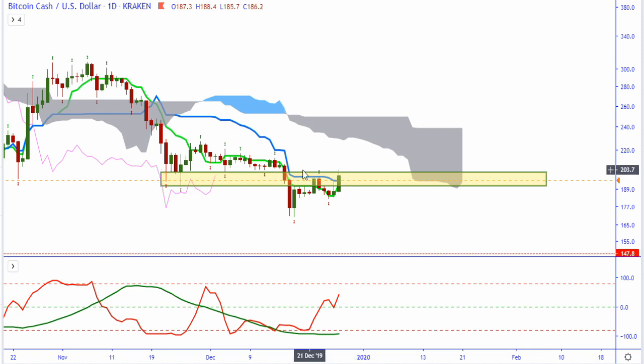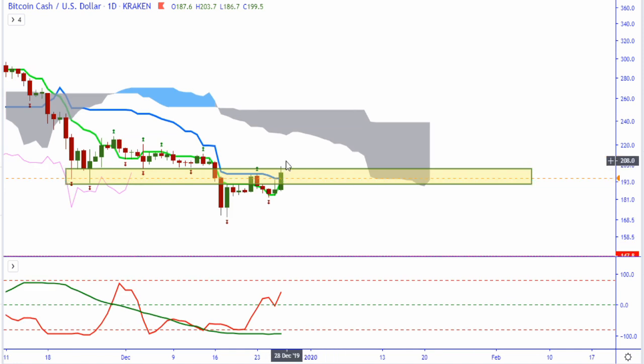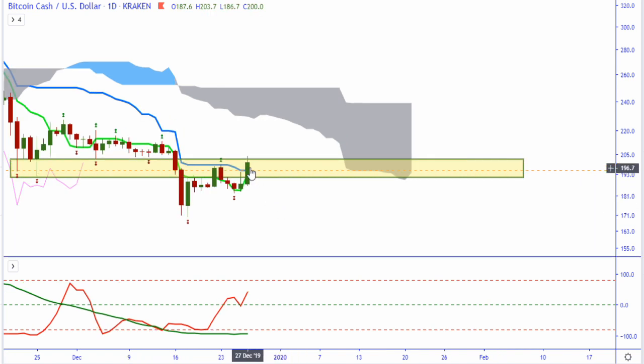And I put this into a zone because of the wicks here, so I like to make it into a zone, give the market a chance to move inside that zone and prove to me, because support and resistance isn't just this, like if I just put a line right here, then that doesn't indicate the true support or resistance level that we have here. All right, so watching this, I want to see what happens as this market continues to move and we close.